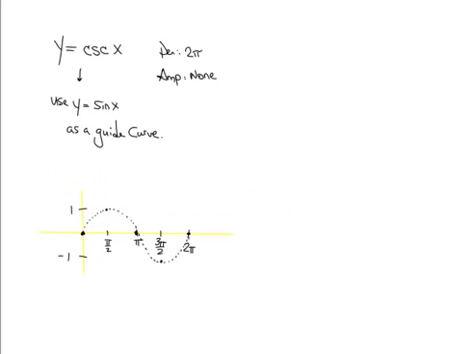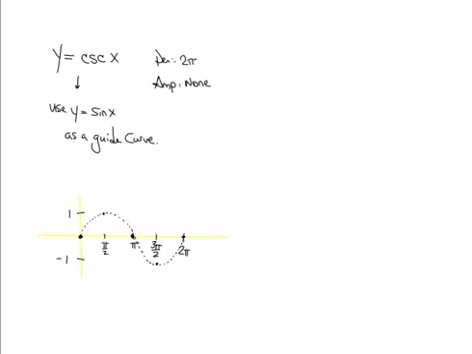Here's the idea now. Just like tangent and cotangent, there are going to be asymptotes on our cosecant curve. Because stop and think about this. Cosecant is the reciprocal of sine. It's 1 divided by sine. So anywhere where sine is equal to 0, cosecant is going to be 1 divided by 0, which is undefined.